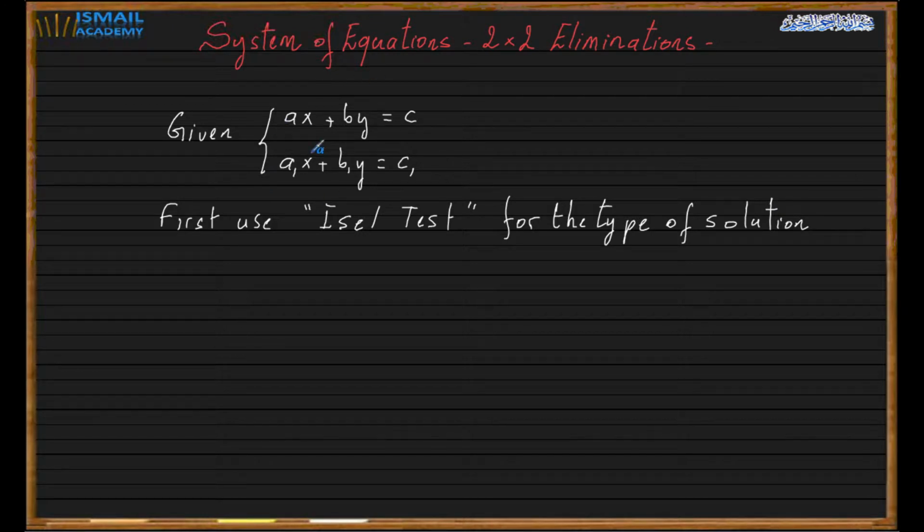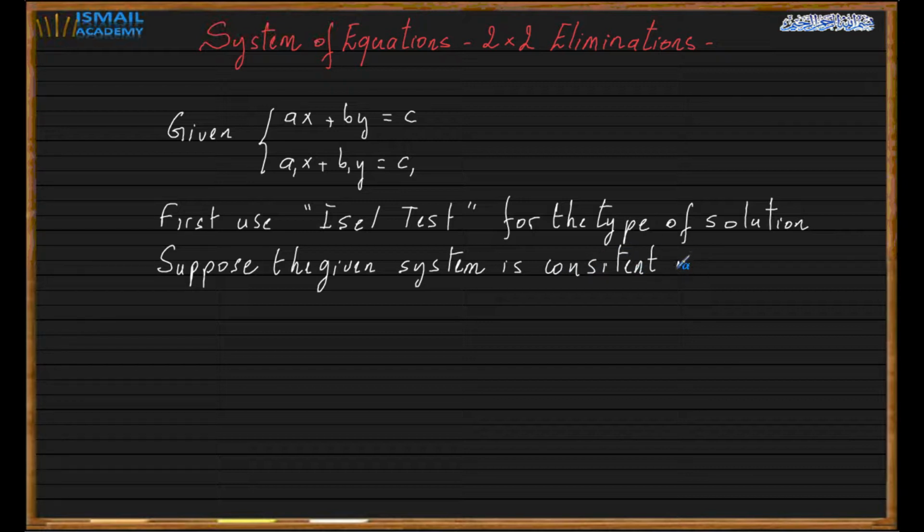Let's suppose that the given system is consistent and independent. That means there is a solution. That means we already have a unique solution.